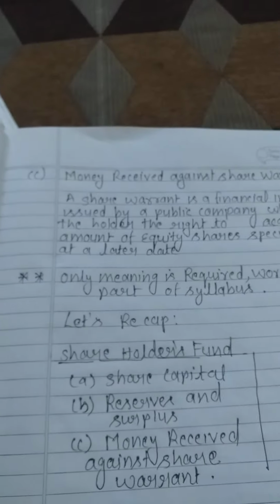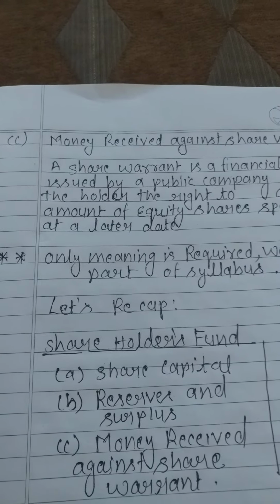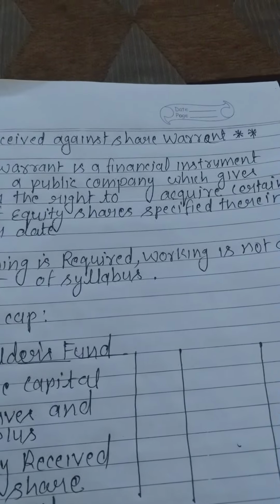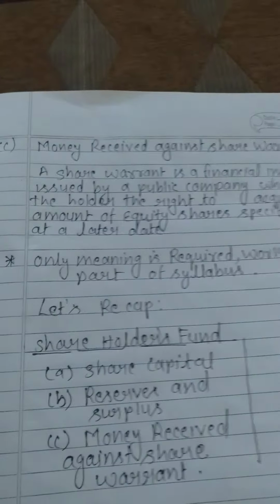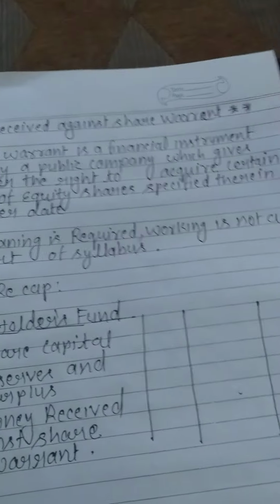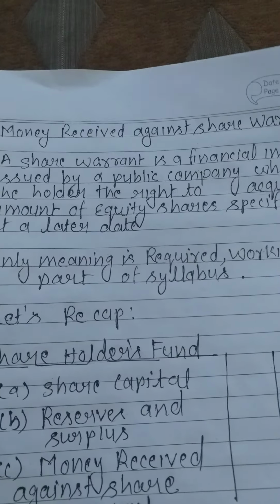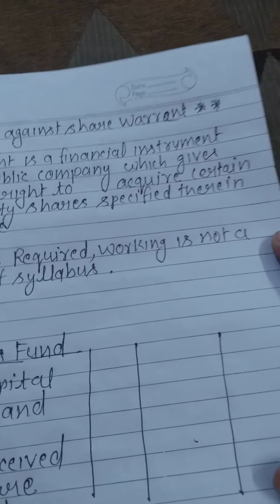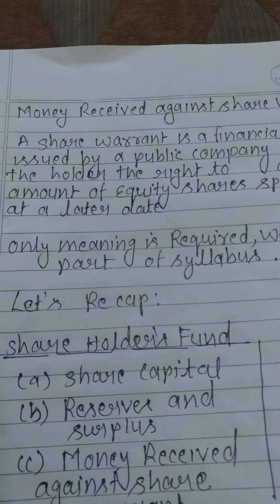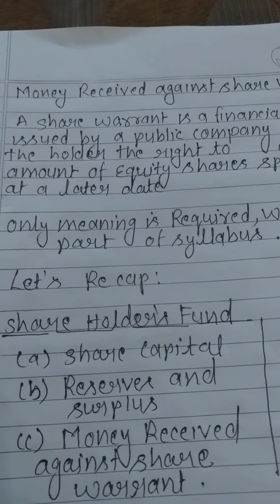Now our third heading under the shareholder funds is money received against share warrants. A share warrant is a financial instrument issued by a public company which gives the holder the right to acquire a certain amount of equity shares specified therein at a later date.